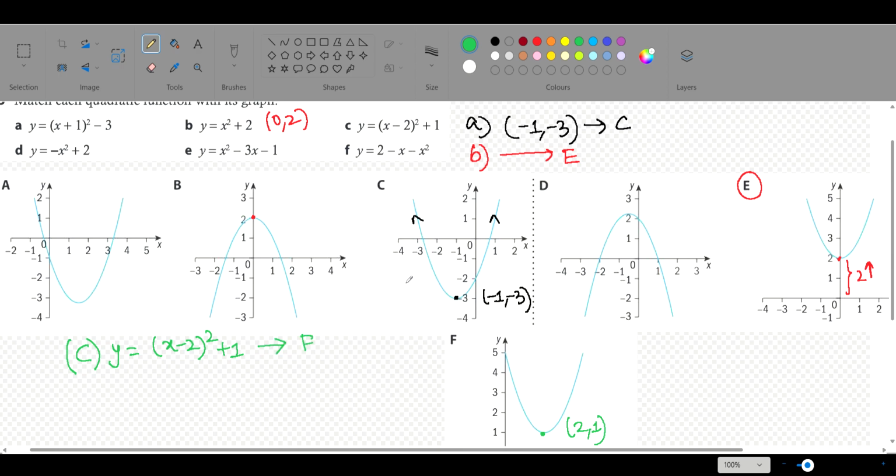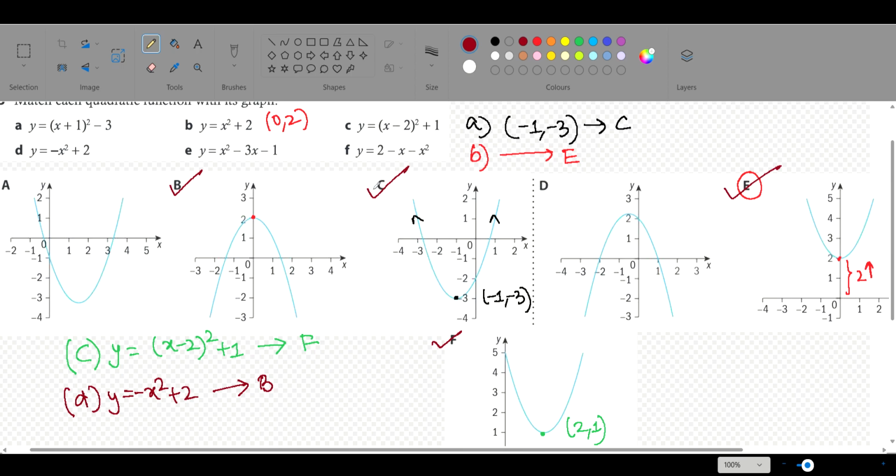So C belongs to F. Yes, D belongs to B. So B is sorted, C is sorted, E is sorted, F sorted.